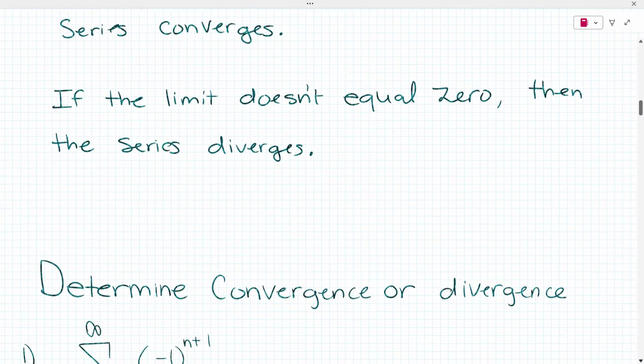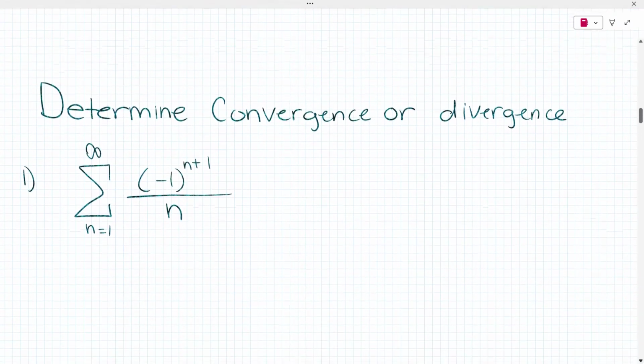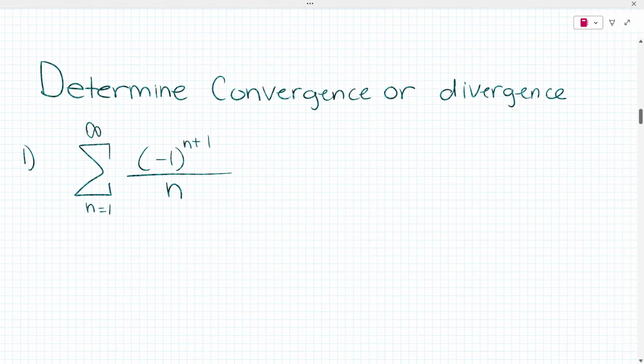Okay, so let's do an example. Example one, determine if it converges or diverges. We're definitely going to use the alternating series test because it's (-1) raised to the n plus 1. So step one, I'm going to pull out the alternating piece.